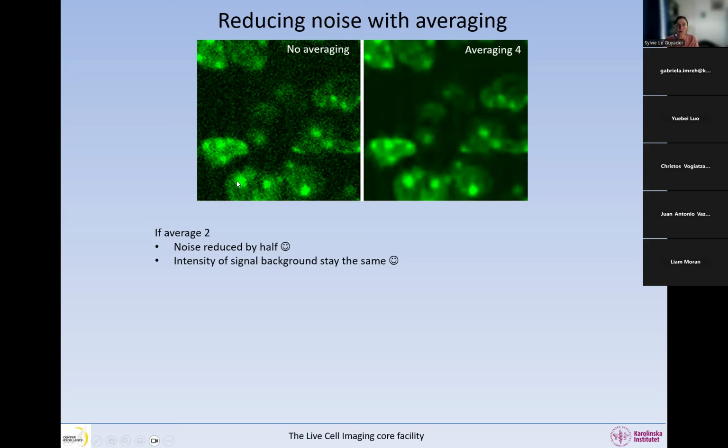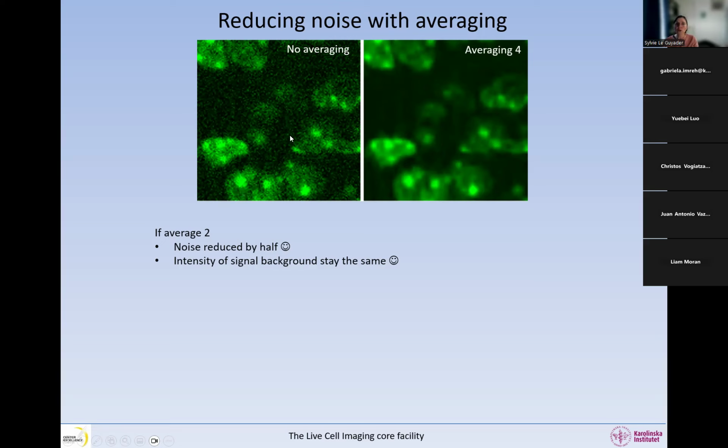In the averaged image, this is going to be pretty much the same intensity. However, we're going to have some noise in the first image and not in the other one. And so the average is going to decrease the noise, but the intensity of the real fluorescence, so background or signal, is going to be the same.